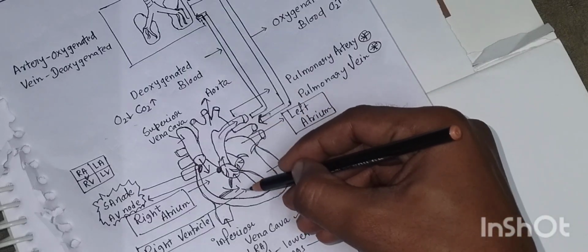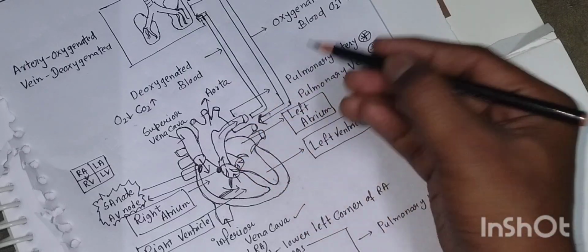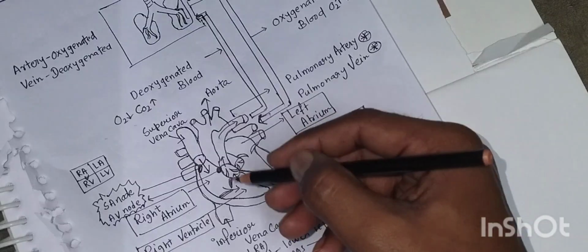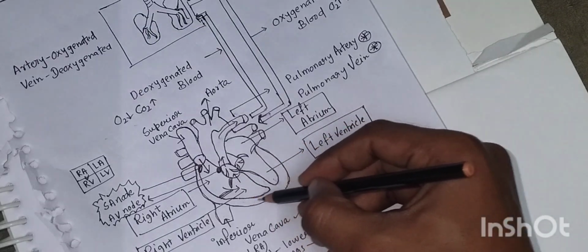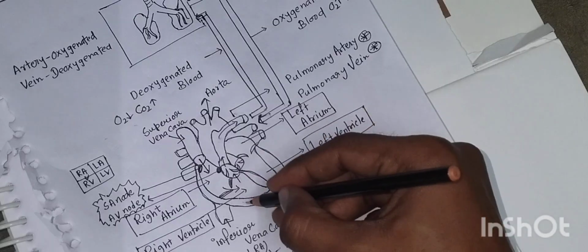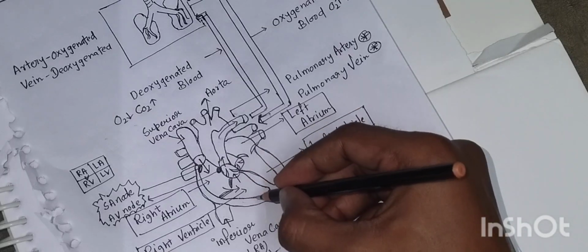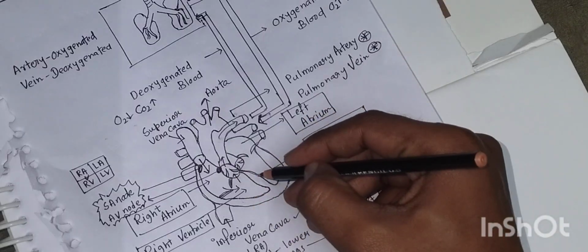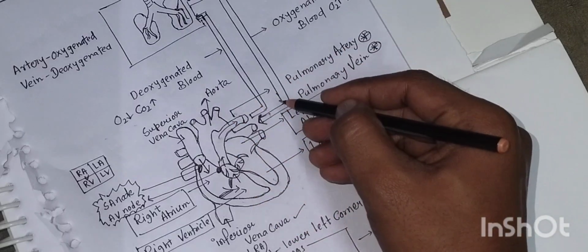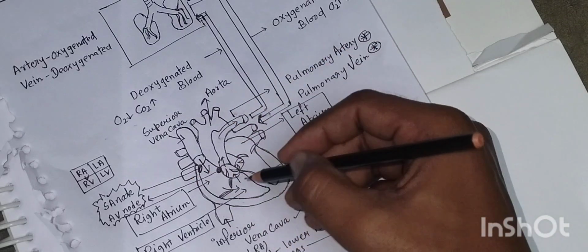But the question is, how does this deoxygenated blood transfer into the pulmonary artery? Because the wall of the right ventricle is very thick, and due to its contraction, it pushes blood upward. This blood is carried by the pulmonary artery to the lung.